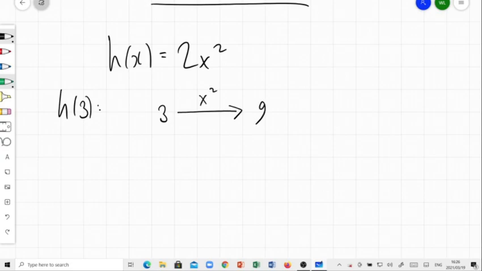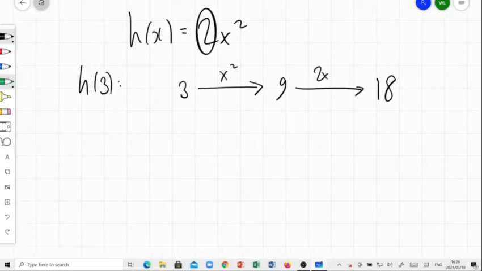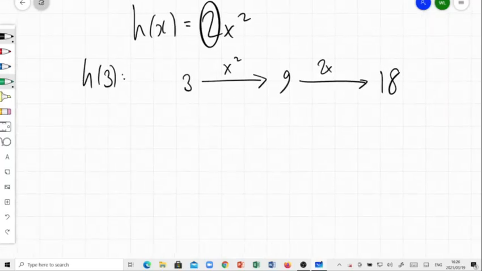Then you will get 9. Having got the 9, you will then double it up to get 18. And this is how your mind evaluated h at 3, which is equal to 2x squared.